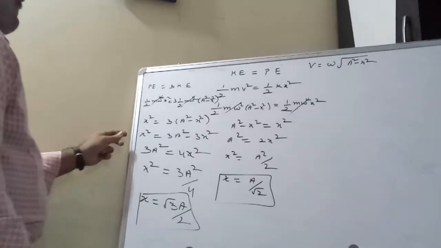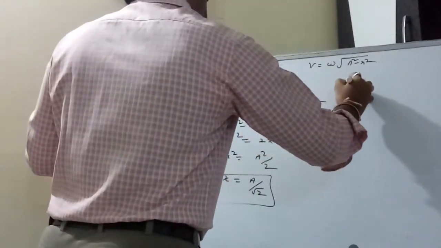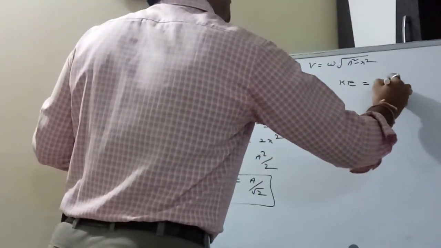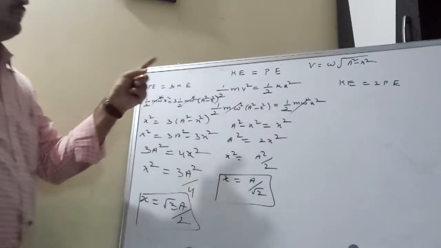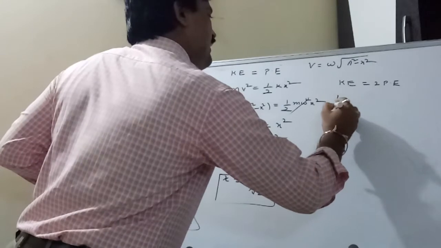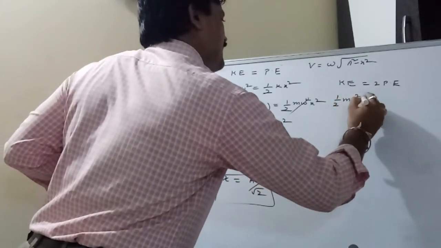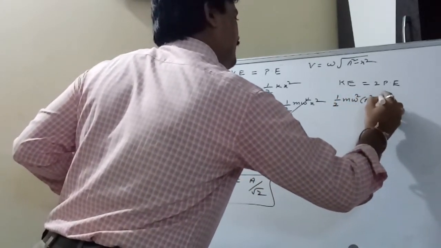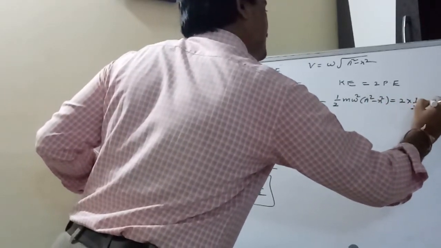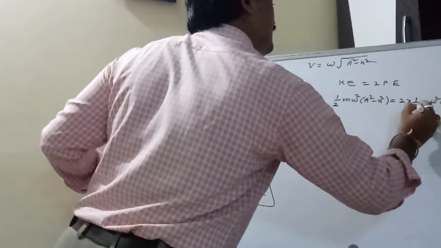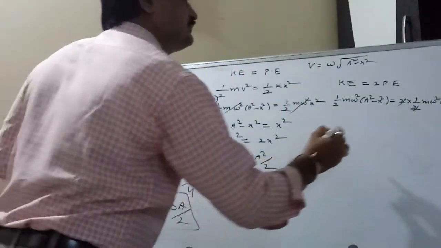Now K is equal to 2P. K equal to 2P. So (1/2) m omega square into (a square minus x square) equal to 2 into (1/2) m omega square into x square. Both sides cancel.